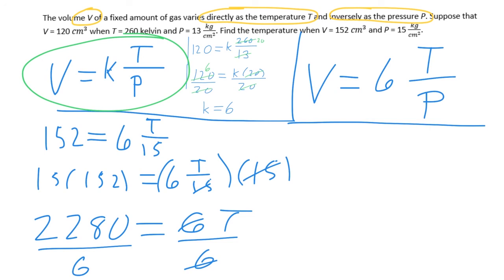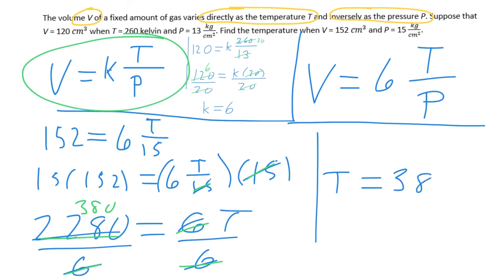And using a calculator again, we'll get that left-hand side. 6 will cancel into 2280 and leave, let's use a different color so I can see what we're doing. So that'll leave 380. And putting all this together, we'll get that temperature T will be equal to 380 Kelvin.